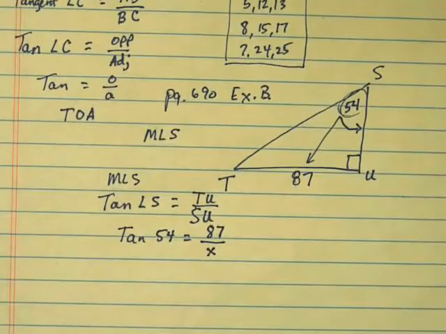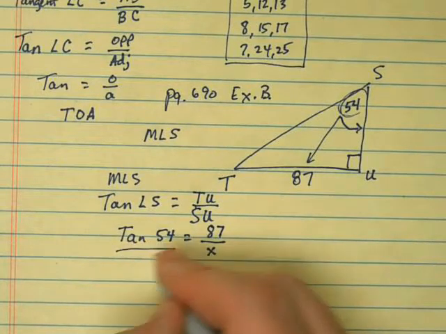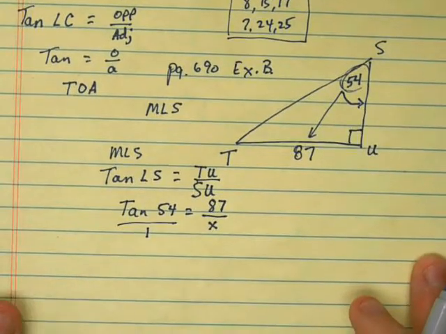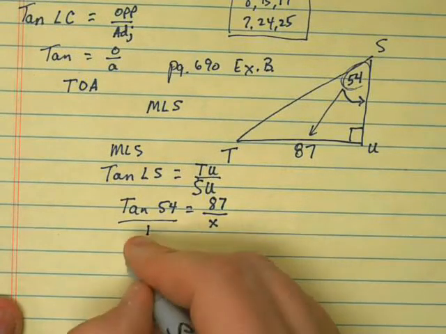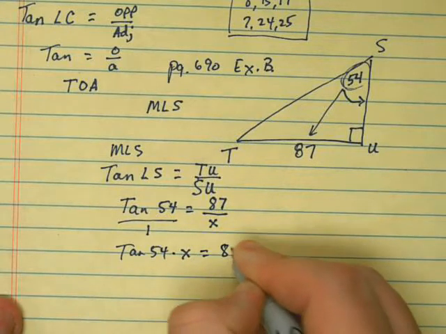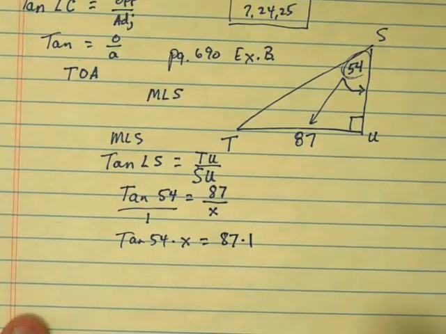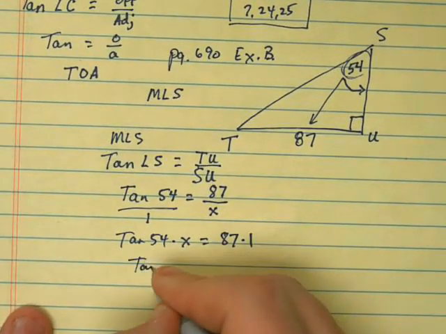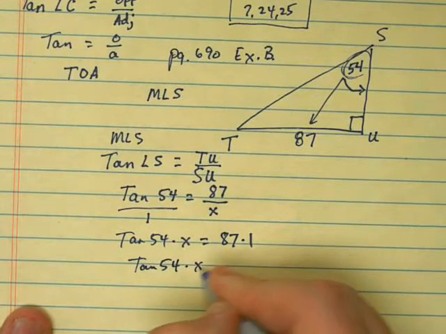Now let's do the math behind it. Look at that as a proportion and cross multiply. Tangent of 54 times x is equal to 87 times 1. So tangent of 54 times x is equal to 87.